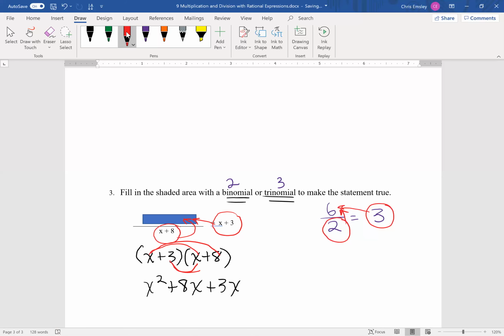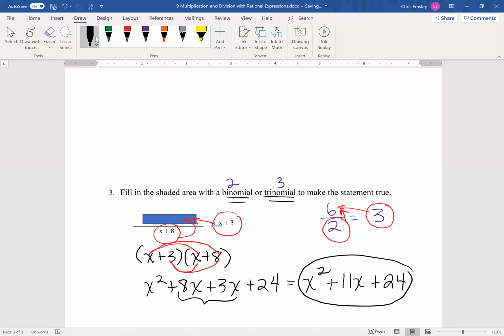And we get a 3 times 8. So it's going to end up being a trinomial. The trinomial, combine those two like terms, the trinomial that would need to go into that box to make that a true statement would be x squared plus 11x plus 24. And that's it for this video.